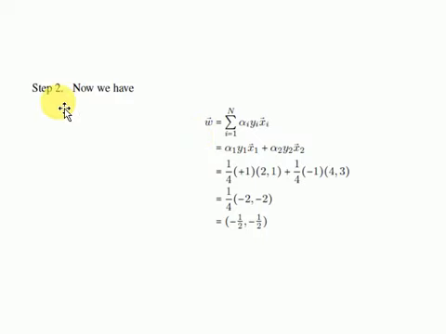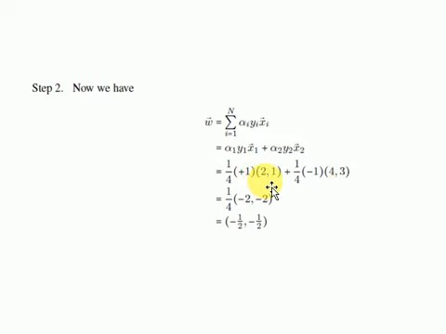Now we go to the second step, where we compute the value of weight using this equation. Here alpha 1 is 1 by 4, alpha 2 is also 1 by 4. We know the values of y1 and y2, so we just got to add these two together. While adding, we add the x terms together, then we add the y terms together.